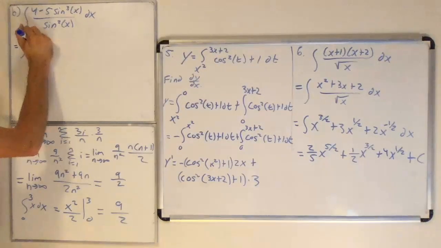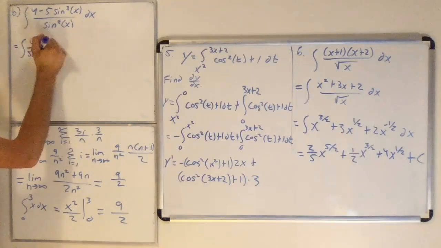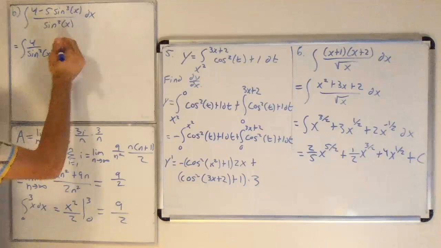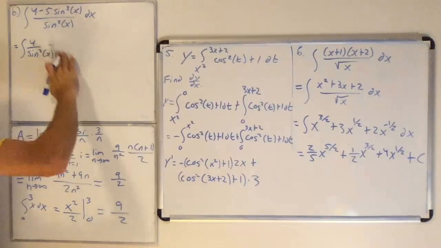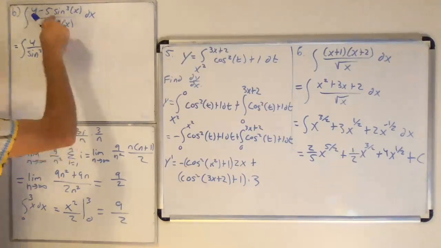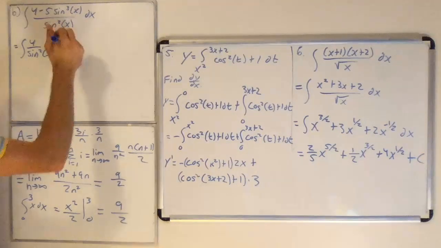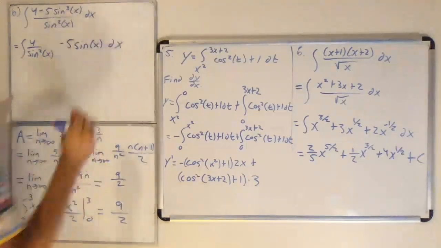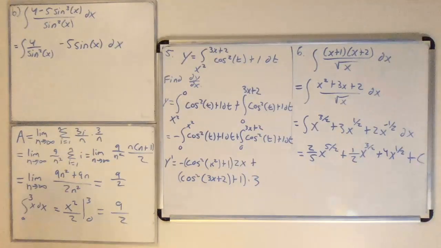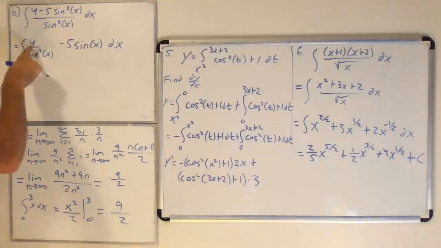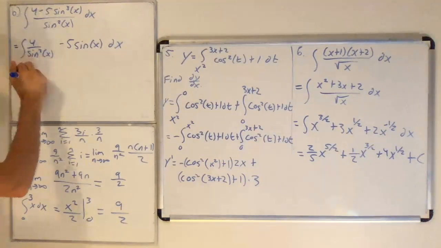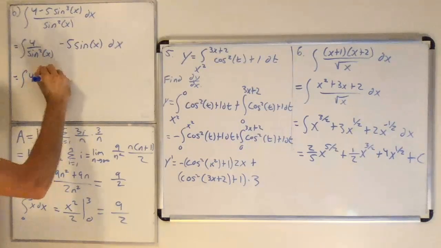So that's the integral of 4 over sine squared of x dx. Or I guess we don't have to break it up that far. Minus sine to the 3rd x over sine squared is just sine of x. Okay, and this 4 over sine squared of x is the same thing as 4 cosecant squared x.